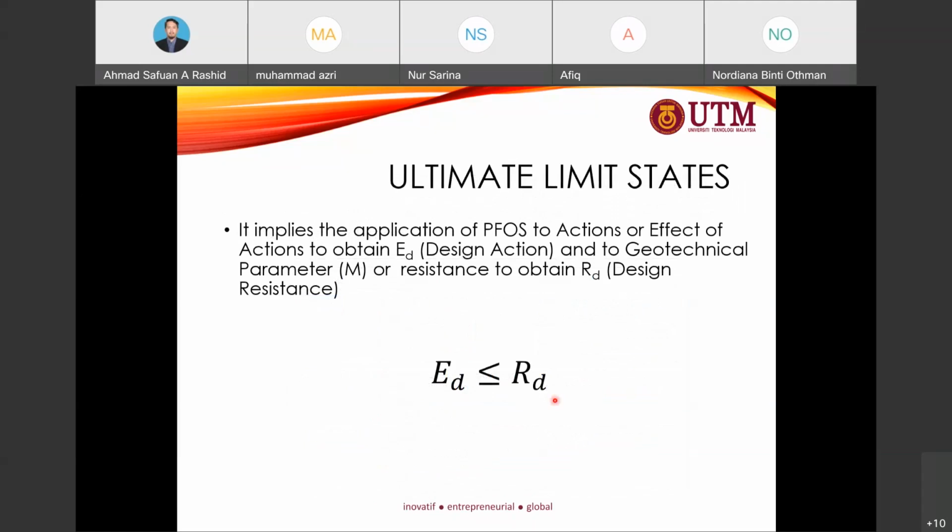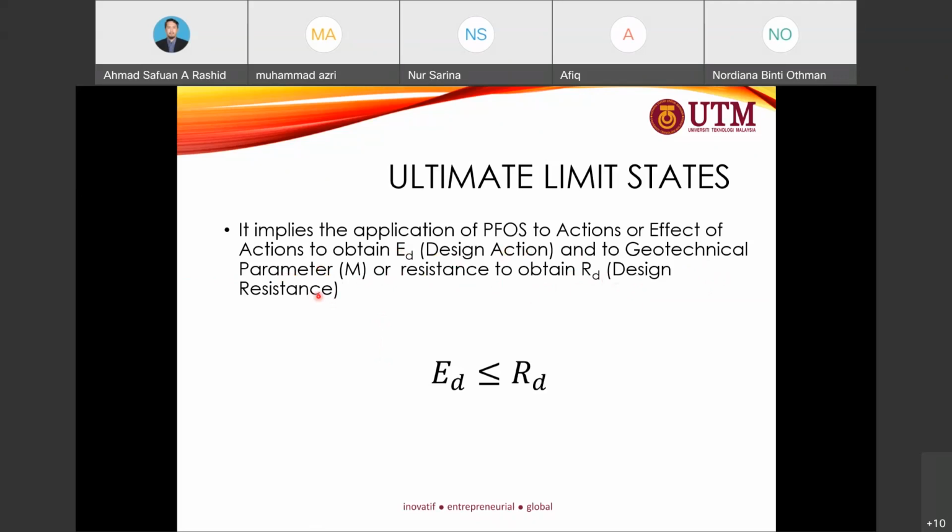So ultimate limit state implies the application of partial factors of safety. P is the partial factor of safety applied to the action or effect of action to obtain the design action, and to the geotechnical parameter M or resistance to obtain Rd, the design resistance. So Ed is to obtain the design action, and then we include the geotechnical parameter and also the resistance to obtain the Rd.